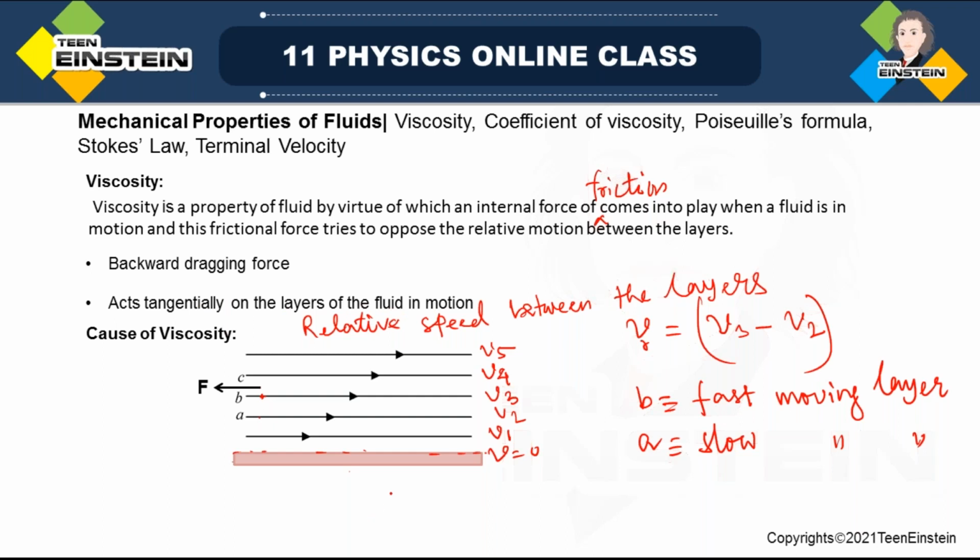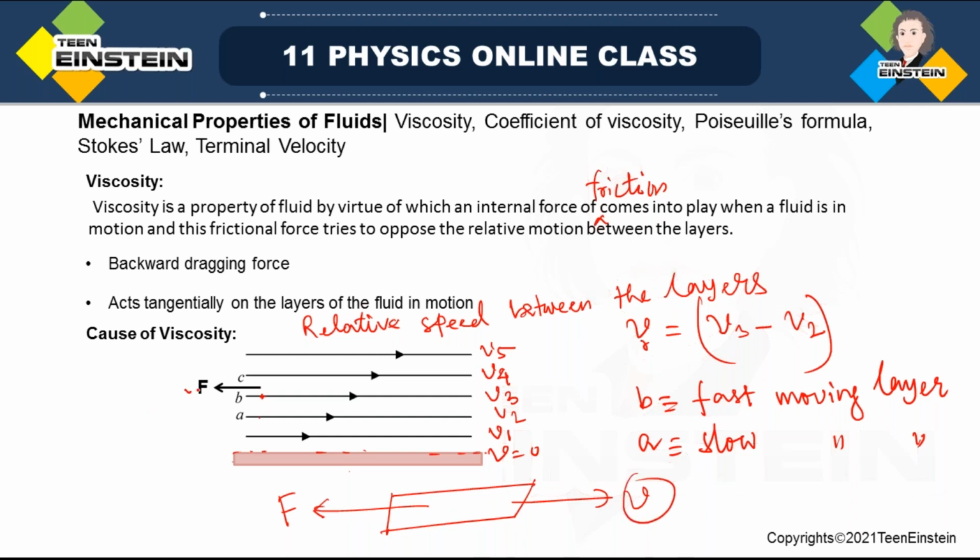Tangentially means, suppose this is a layer, it will act in the opposite direction of the motion. This is the motion, and this is the viscous force which is acting parallel to the layer, or tangential to the layer, and opposite to the motion of the flow.